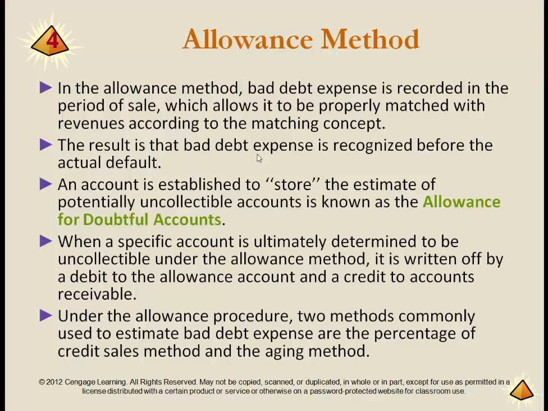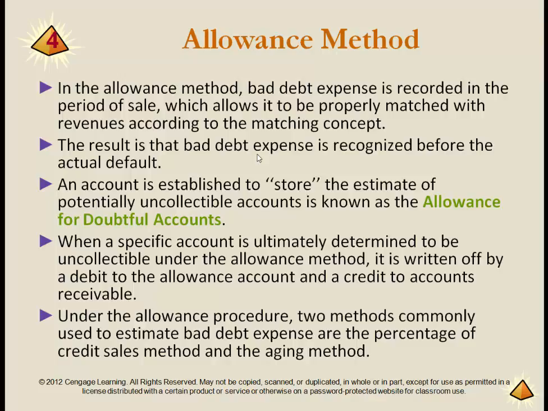The allowance for doubtful accounts is a contra asset, a contra receivable account. You're going to take accounts receivable less allowance for doubtful accounts, and that will give you your net receivable balance. If you look at financial statements, say for Cisco Systems, they might say accounts receivable, net.